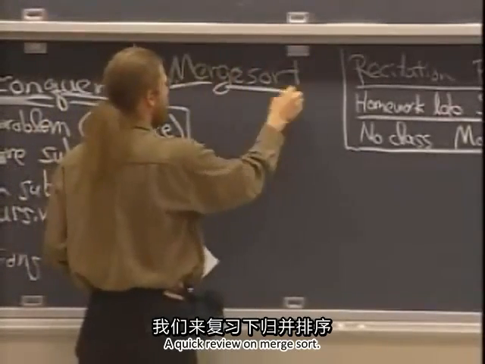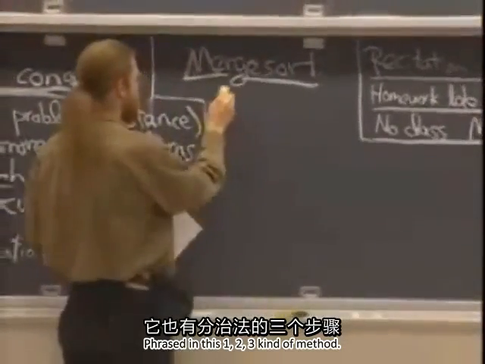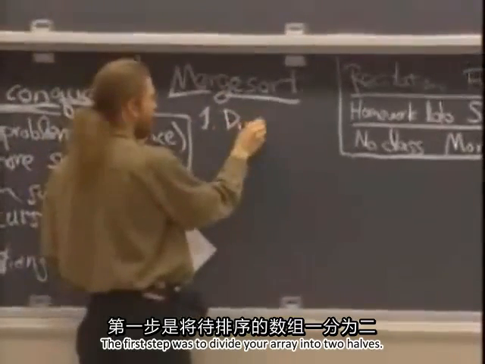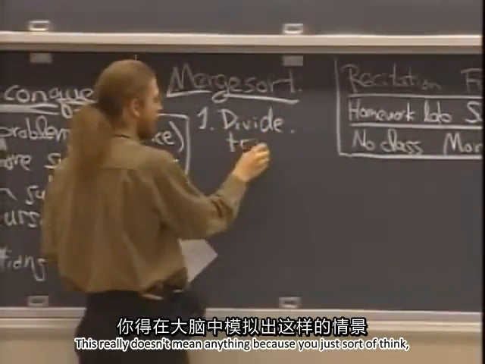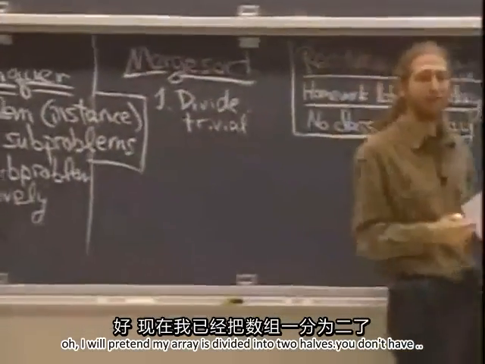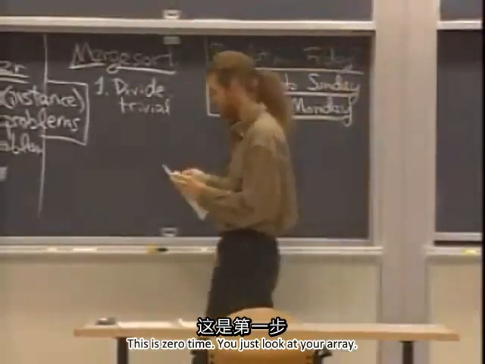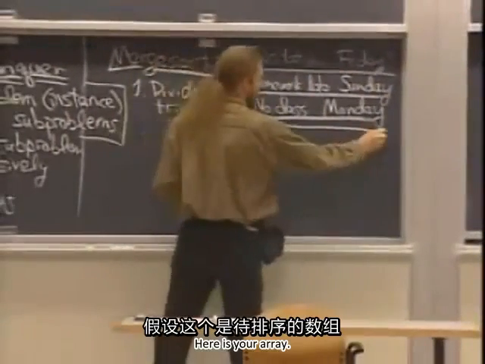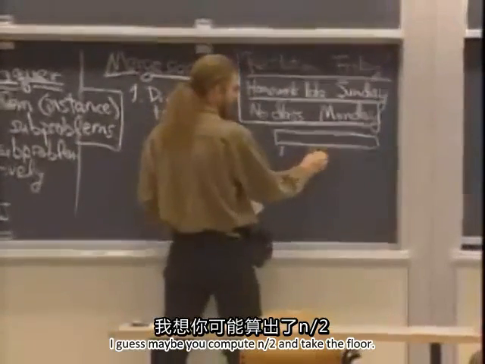So, a quick review of merge sort, phrased in this 1, 2, 3 kind of method. The first step was to divide your array into 2 halves. This really doesn't mean anything, because you just pretend my array is divided into 2 halves. There's no work here. This is 0 time. You just look at your array. I guess maybe you compute n over 2 and take the floor.